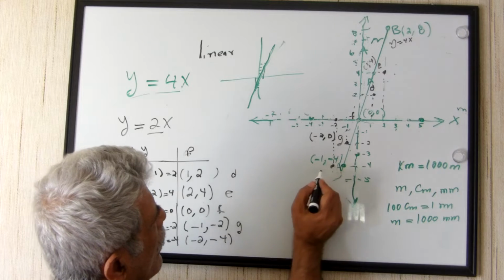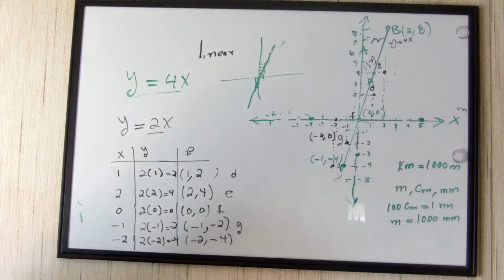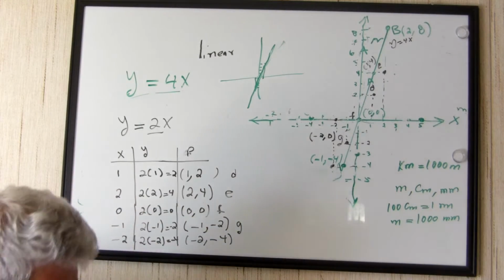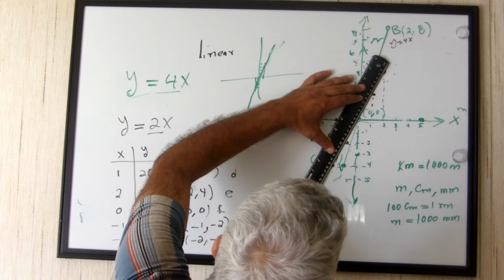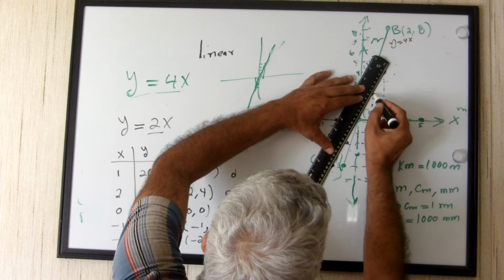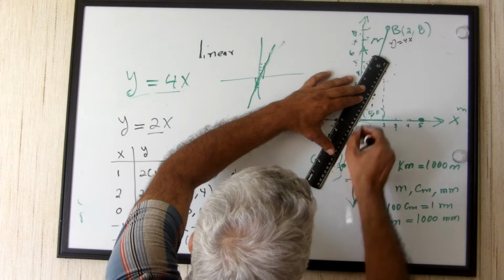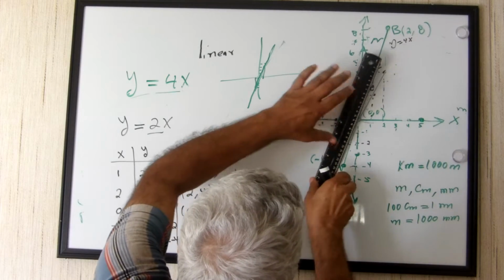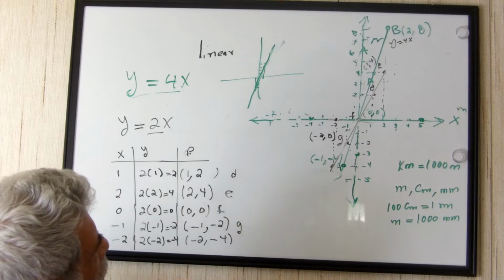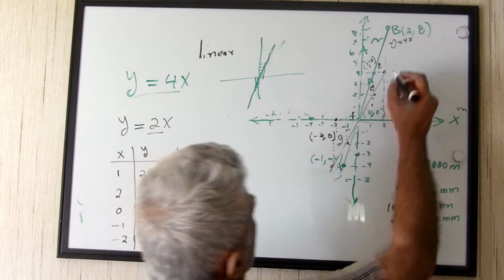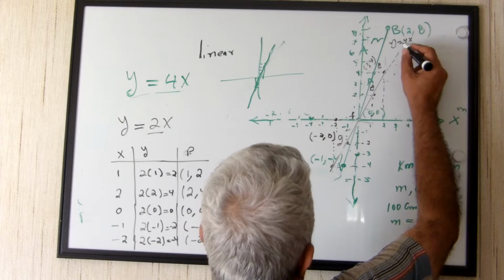Now we connect these points. See here, I didn't draw it to scale. We connect all these lines and we draw the line, that means continuous.